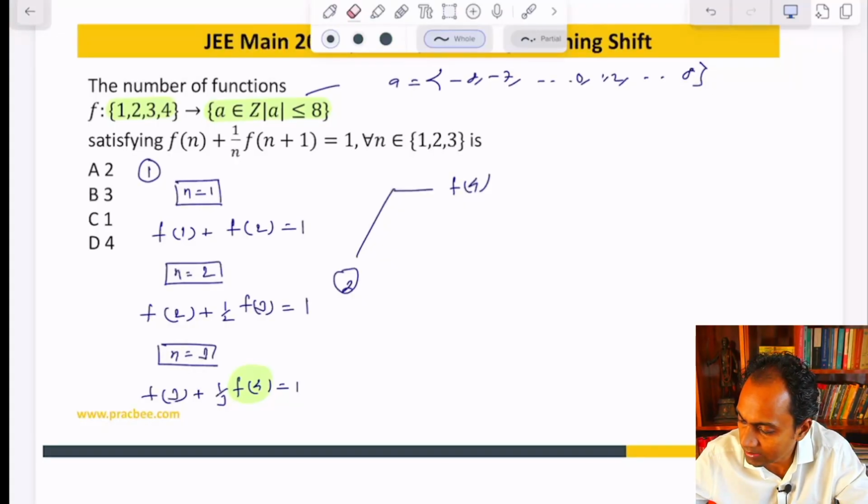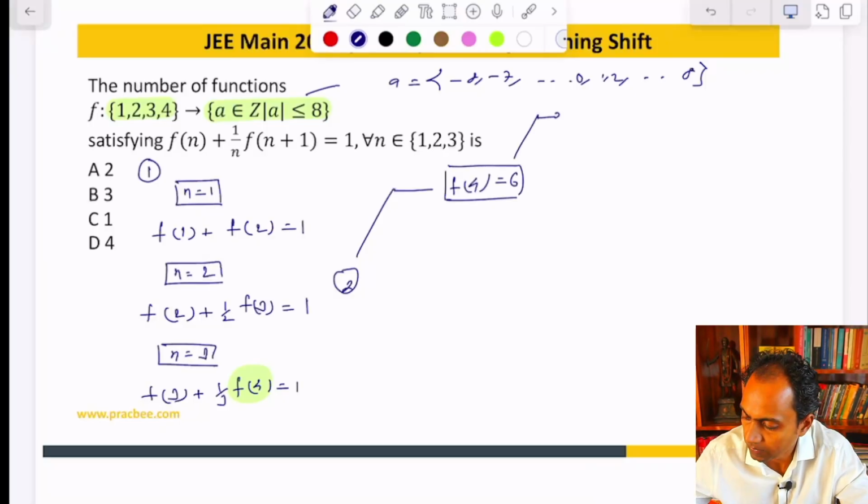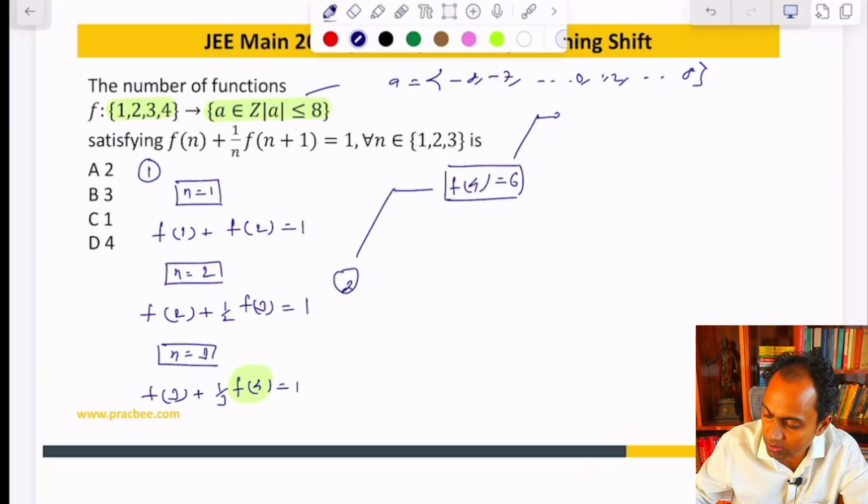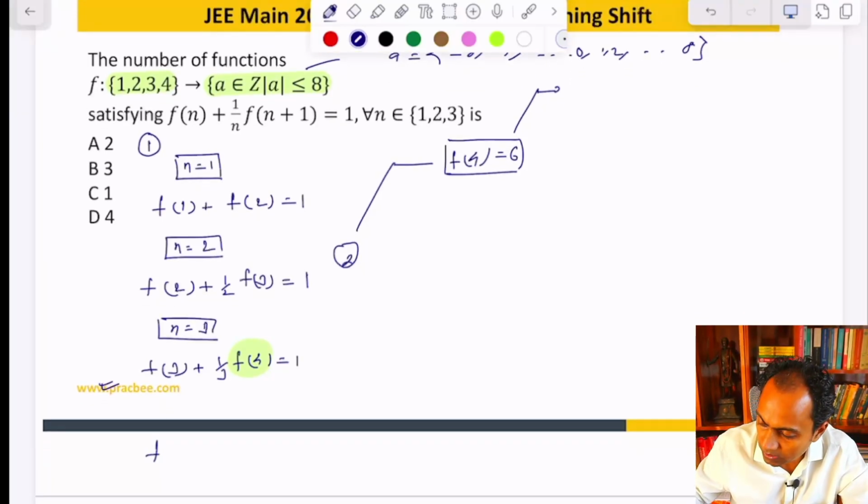So in the first case, I can consider this value as 6. Now if I take this value as 6, let us see what happens to the other values that are involved. If I put 6 here in the last equation, the third equation, f of 3 plus 2 equals 1, so f of 3 becomes minus 1.